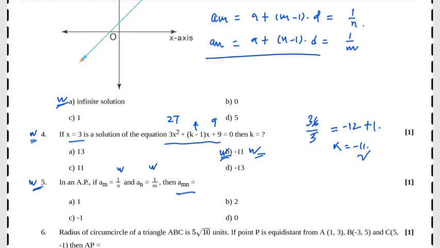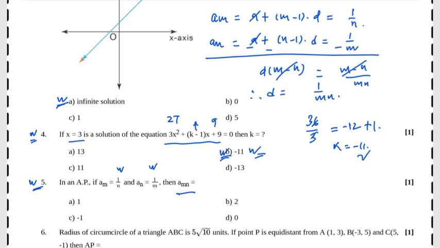So now we change the sign. This is minus, minus, minus, this one cancelled out, then we get here d(m minus n), and here will be (m minus n) by mn. m minus n cancelled out, therefore d equal to 1 by mn. Now putting the value of d in any one of these two, we get the value of a.